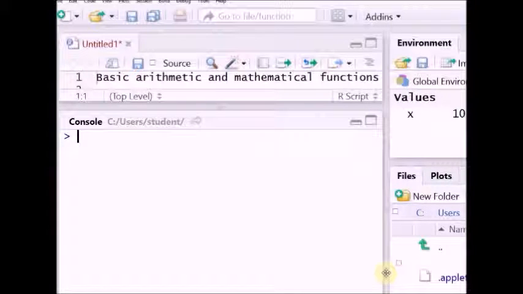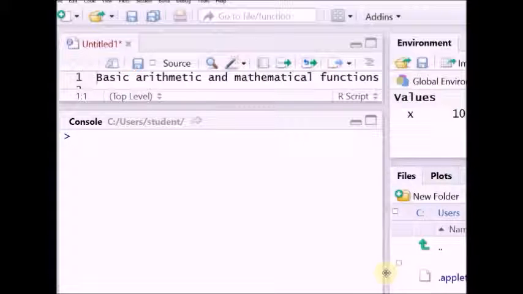Similarly, for inverse trigonometric functions or inverse hyperbolic trigonometric functions, we use the following. acos, asin, atan we use for inverse trigonometric functions, and acosh, asinh, atanh we use for inverse hyperbolic trigonometric functions.